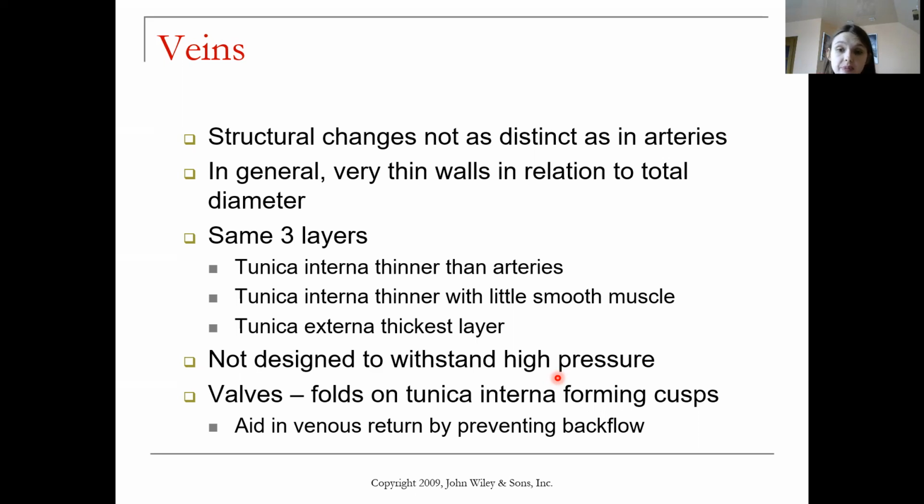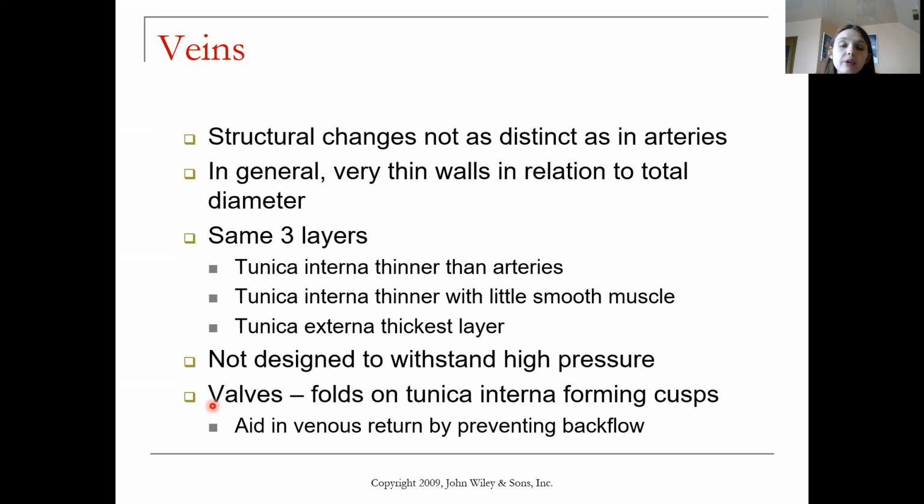Also, what is specific for the veins is the presence of valves, which are responsible for preventing backward blood flow to the capillaries, and as a result, blood will flow directly to the heart.